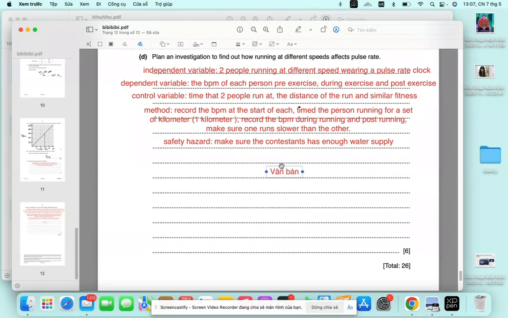And for accuracy, we make a recording table and repeat the investigation for accuracy. Draw a graph.